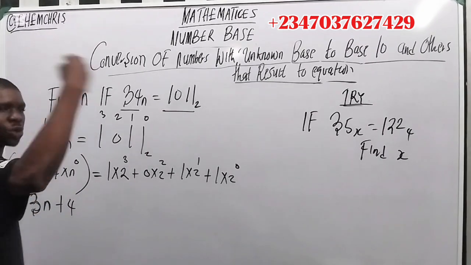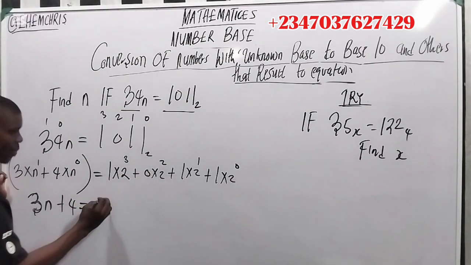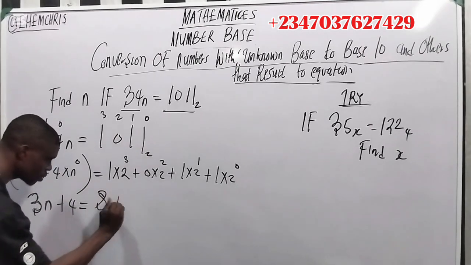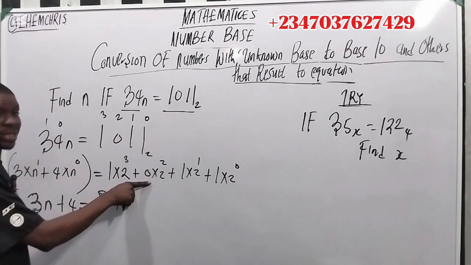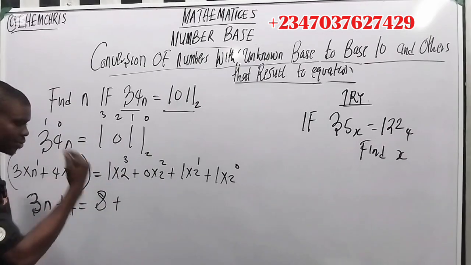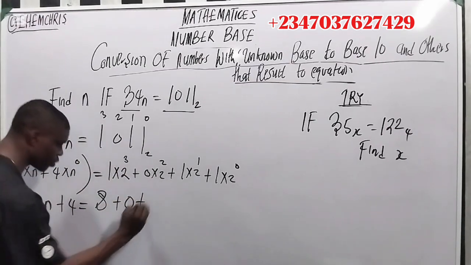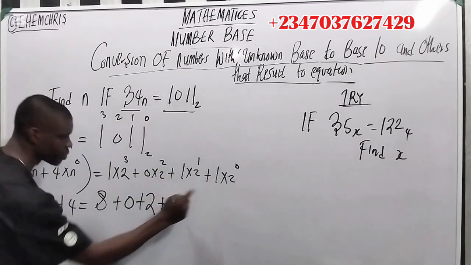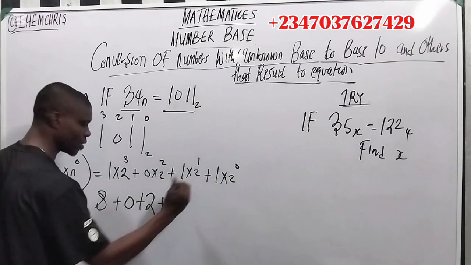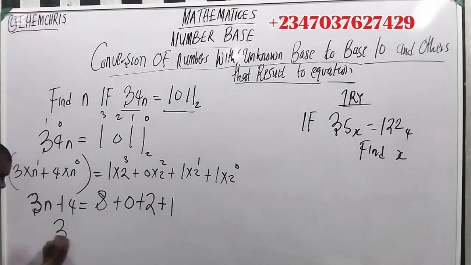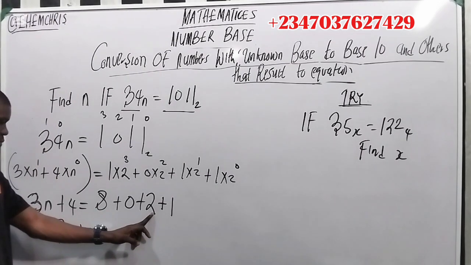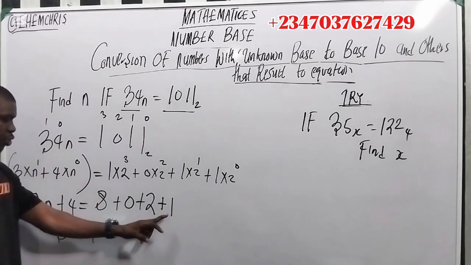Now you have 2 raised to 3 is 8, 8 times 1 is 8, plus 0 times 2 squared which is 0, plus 2 raised to 1 is 2 times 1, so 2, plus 2 raised to 0 is 1, 1 times 1 is 1. So here we have 3n plus 4 equals 8 plus 2 plus 1. 8 plus 2 is 10, plus 1 is 11.